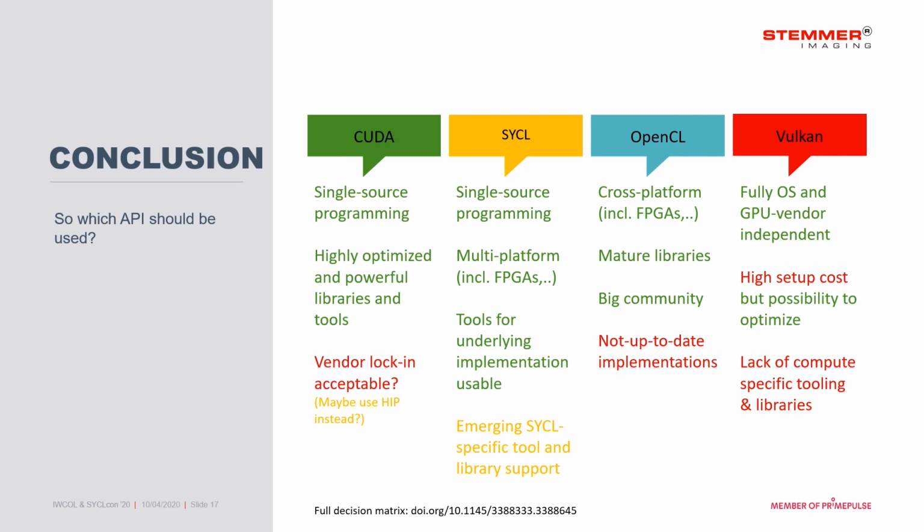For Vulkan, it's a nice option if you want to target mobile devices or already have Vulkan in your graphics API. It also is fully OS and GPU vendor independent. So that might be pretty important for you, but it only targets GPUs, as mentioned, and CPUs.